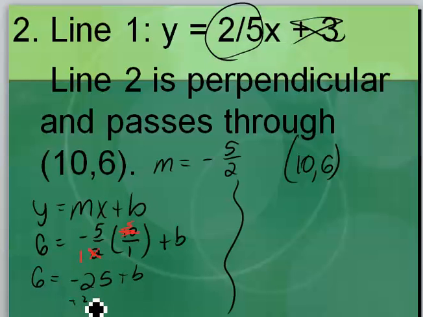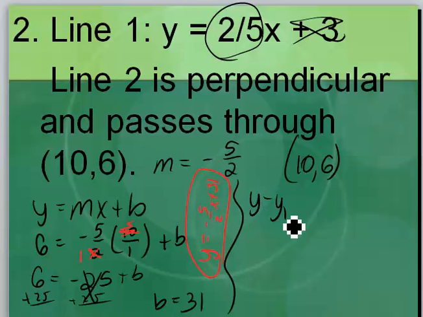To get b by itself, we're going to add 25. And b is 31. Remember, you need to go back and write your final answer, your equation. Y equals -5/2 x plus 31. Your final answer should have the letter y, the letter x, your slope, and your y-intercept.